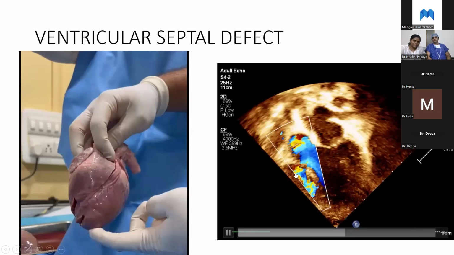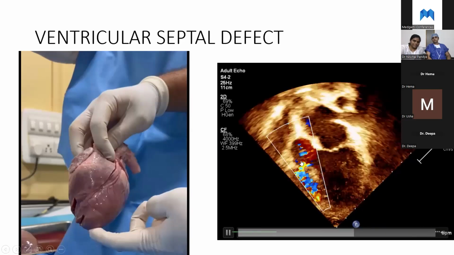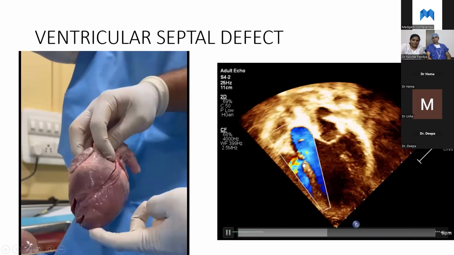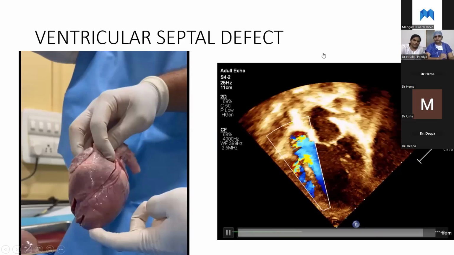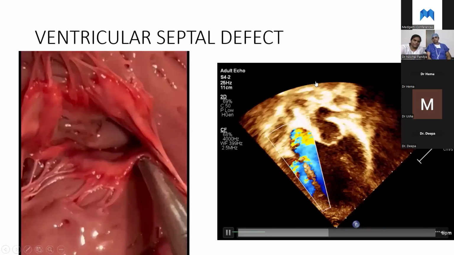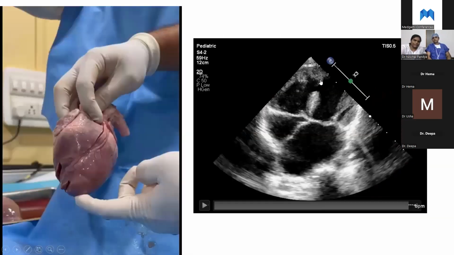This is the restrictive perimembranous VSD seen here, just below the aortic valve. And this is a muscular VSD, mid to apical muscular VSD seen here.